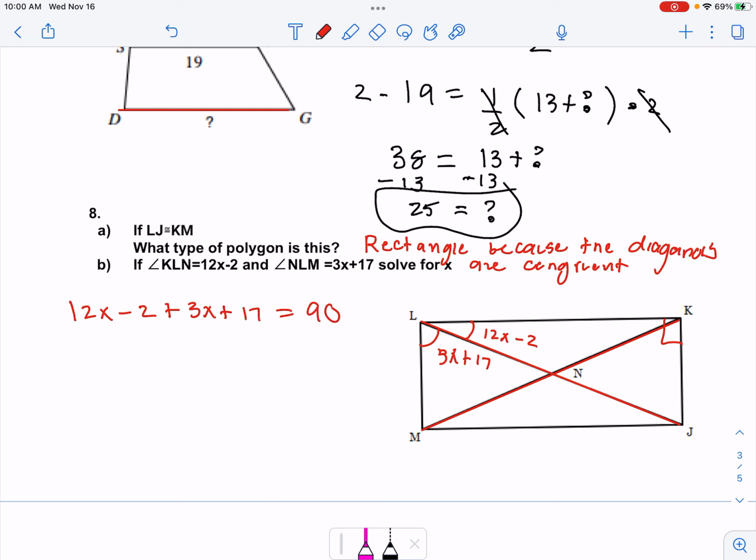Well, 20 is 2 times 10, and 6 is 2 times 3. So this would be 2 times 3 over 2 times 10. That would be a 3 over 10 ratio. And that is not the same as those two. So we tried side, side, side, but these are not similar because none of the things worked.